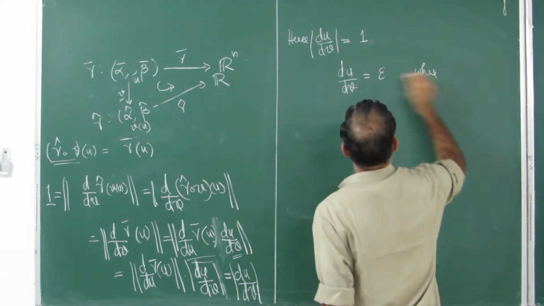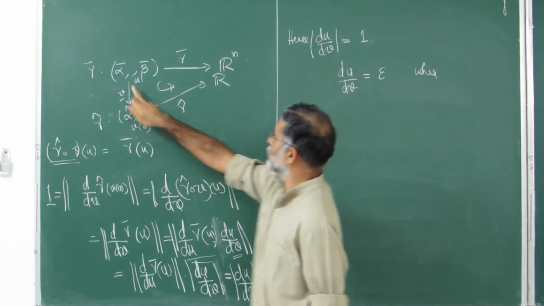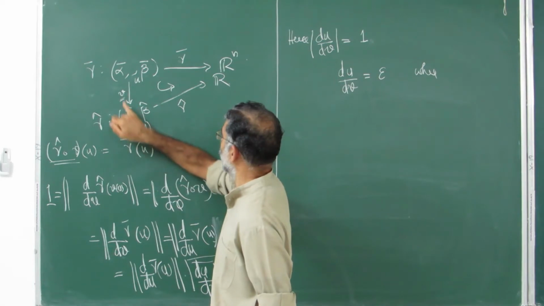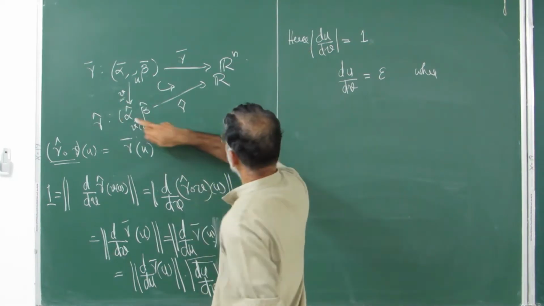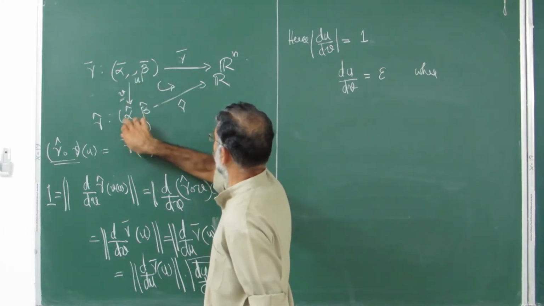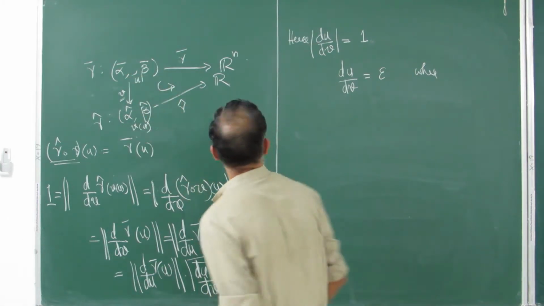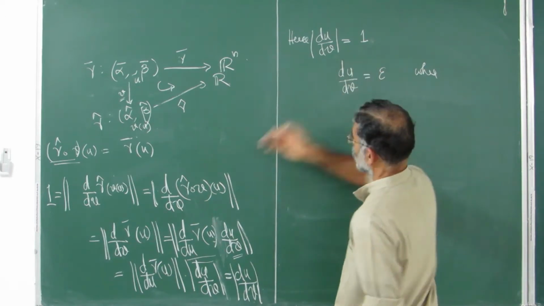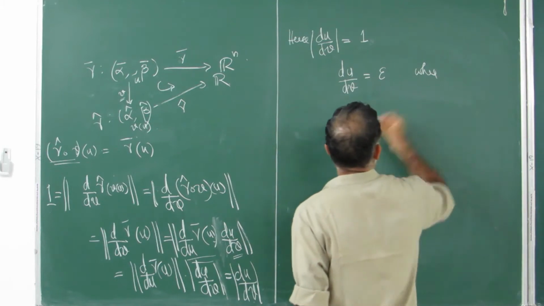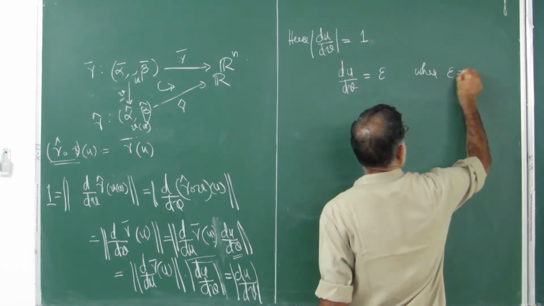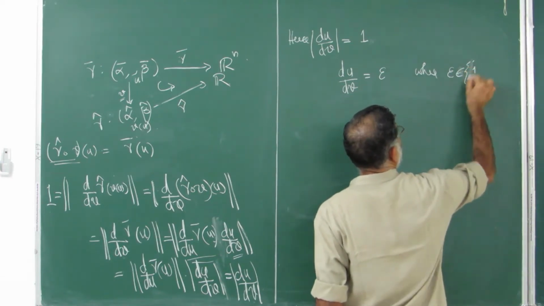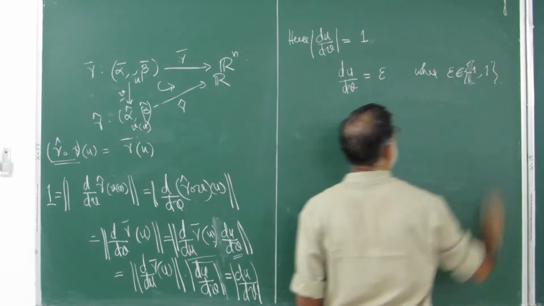As we have seen earlier, this is a connected set. Therefore the derivative dv by du is a derivative of the function v, so the image has to be connected, and hence it cannot take both values 1 and minus 1. It has to be always equal to either 1 or minus 1, so epsilon is in the set minus 1 or 1. One of them you can take.